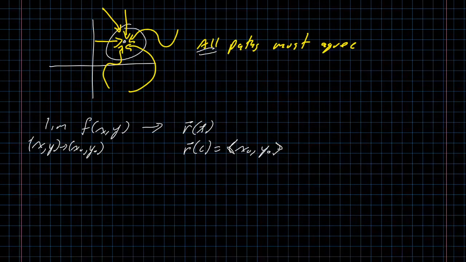And then we can establish this as the limit as t goes to c of f of r of t. All right, so there is our path limit, and we can try to find as many paths as we want and make sure that they all match. Sometimes that's fairly straightforward to do.